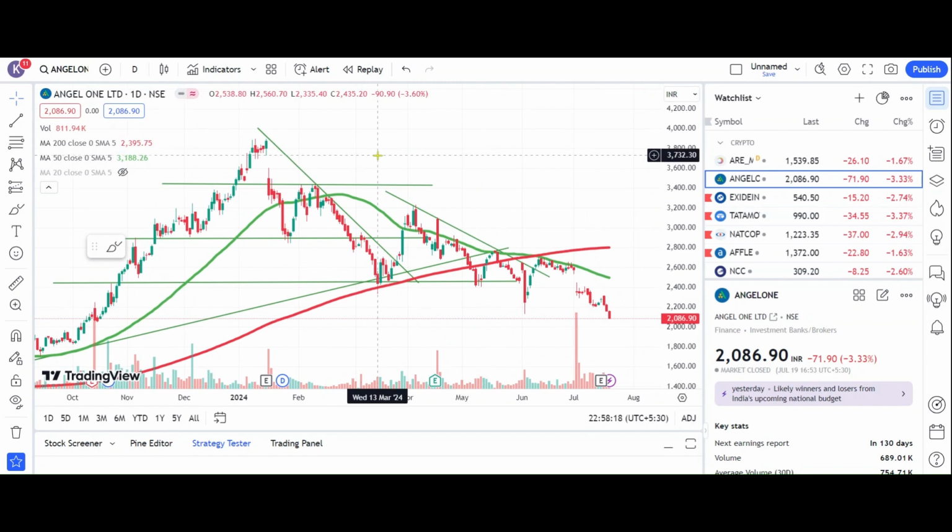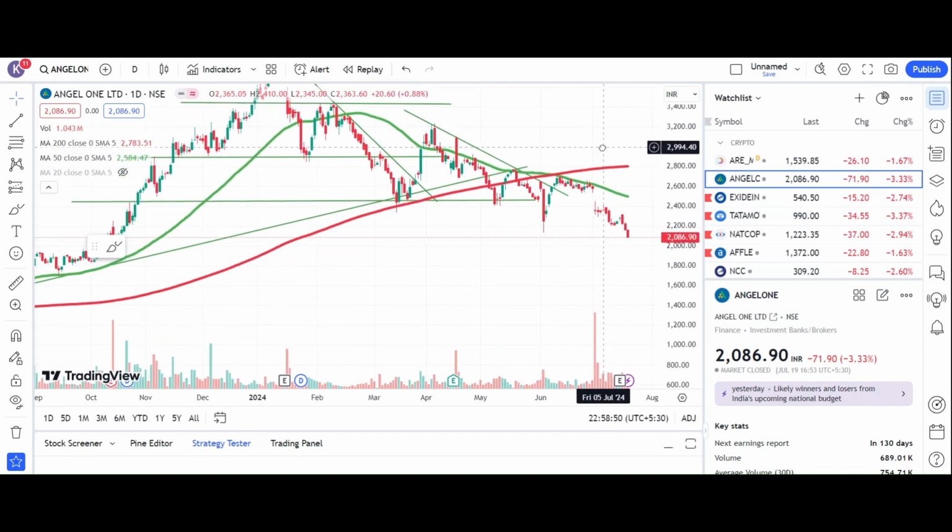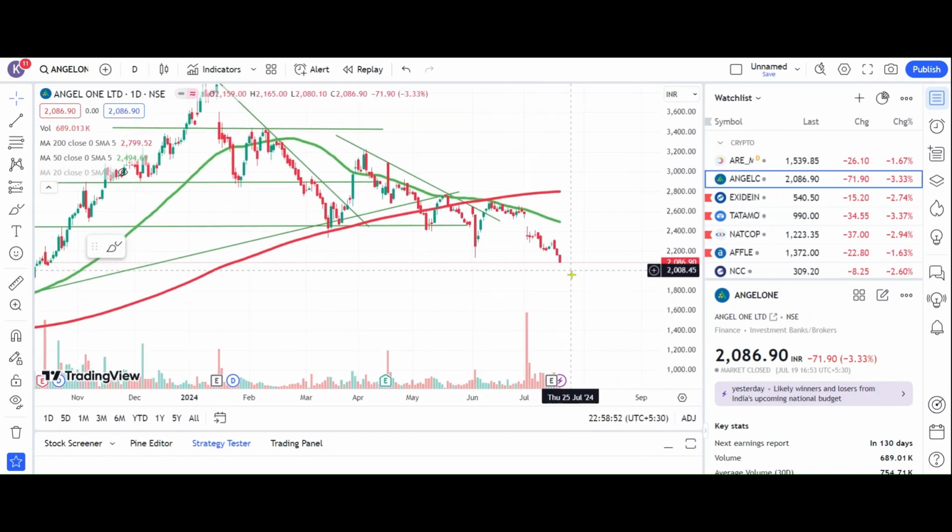Maybe I'll put a detailed video on Angel One. I like this company really because fundamentally I feel it's good. Growth wise, it's excellent. But at this current point of time, it looks a bit weaker. So maybe in the future it might turn around and climb up, but it might take time. We never know. But what I can understand from here is, as it has shown weakness by cutting both the 50 and 200 days moving average, it might still show further weakness.